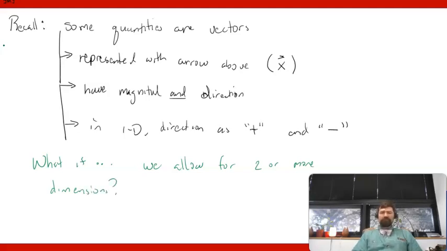Well, direction and magnitude are still valid in two dimensions. We can still represent the vector with an arrow above it. Where we run into trouble is this thing about plus and minus.